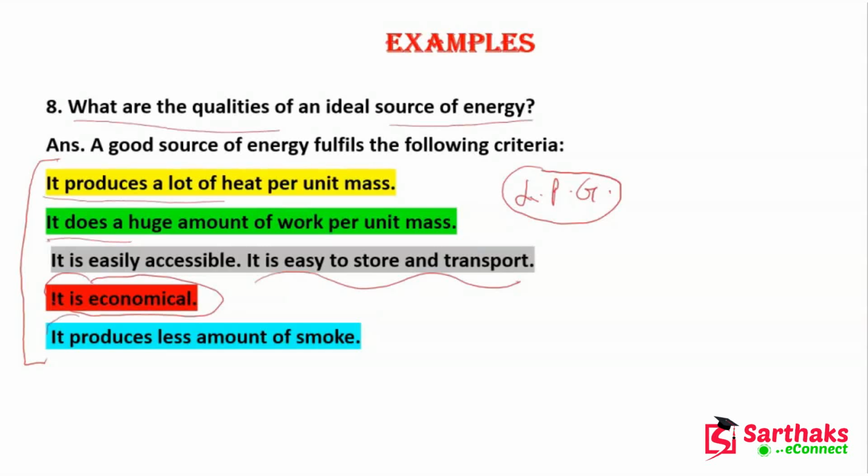And the smoke produced should also be very little. When we burn coal or charcoal or wood, we have seen that it produces lots of smoke. But when we burn LPG, it burns with a blue flame. That shows that there is no smoke. It burns completely, so it does not produce so much smoke. So that's why it is also an ideal source.